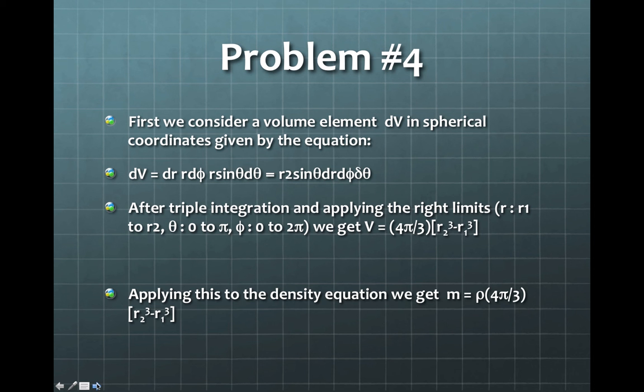If you notice, the only important variation or change in this hollow shell is really the radius. There's really nothing much in terms of the zenith angle or the azimuth angle. So by applying this to the density equation, we get the mass by multiplying the volume with the density rho.